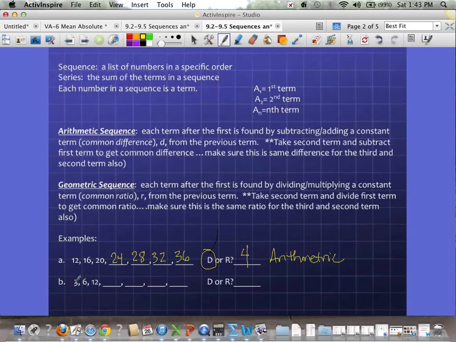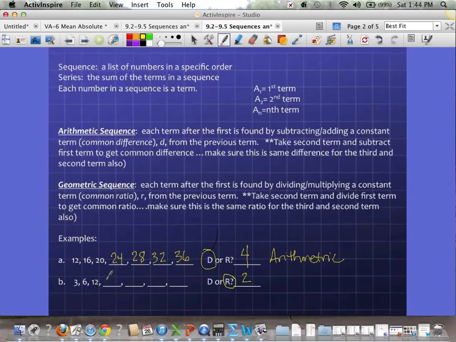6 minus 3 is 3, but 12 minus 6 is 6. So that's not arithmetic. That means it's got to be a ratio. Or it could be none, but let's just check it. 6 divided by 3 is 2. 12 divided by 6 is 2. So yes, it is a ratio of 2. And that would mean that we would multiply to get the next four terms.